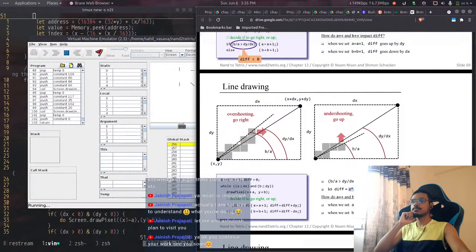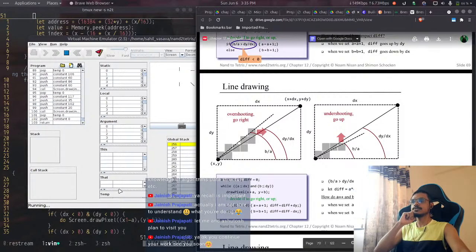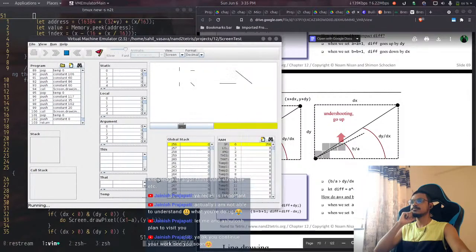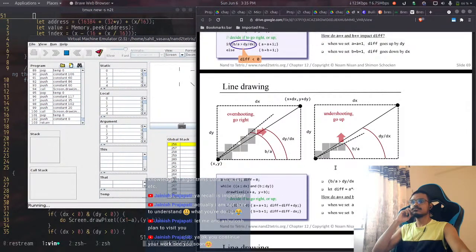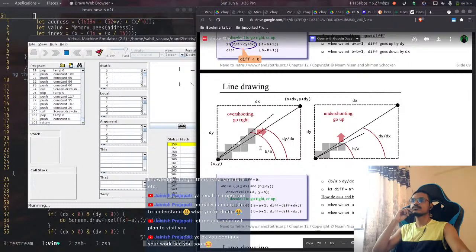I will probably have to change this difference condition, right? Let us suppose we have to create a line like this.